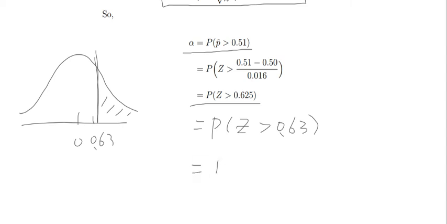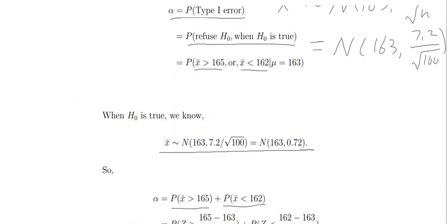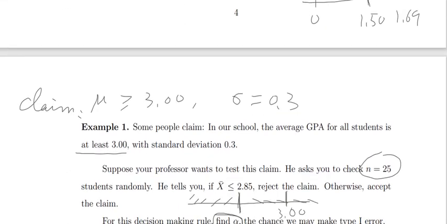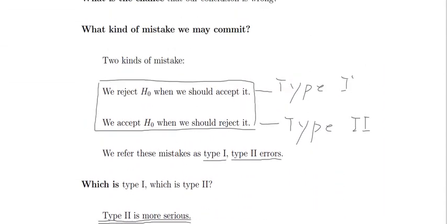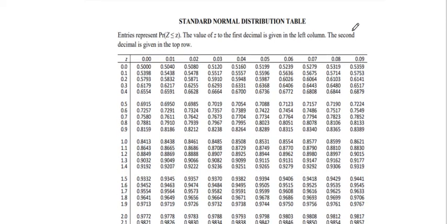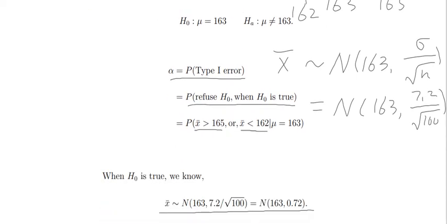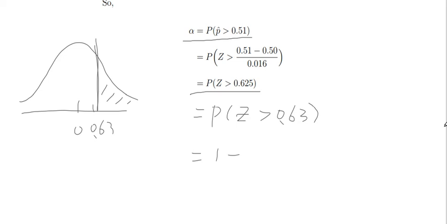Checking 0.63 gives 0.7357. So this probability equals 1 minus 0.7357, which is 0.2643.